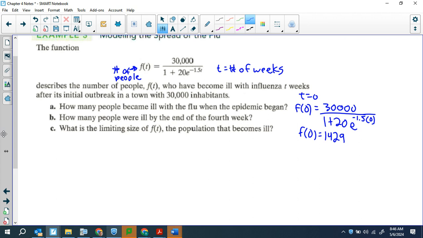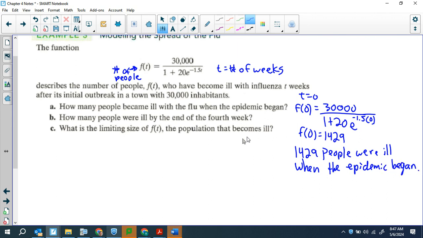So we have to make a little statement that says, we can say 1,429 people were ill when the epidemic began. Okay, again, that closing statement is super important.